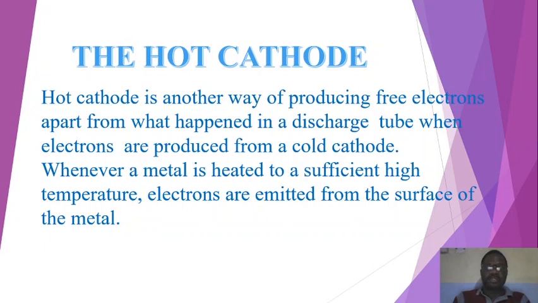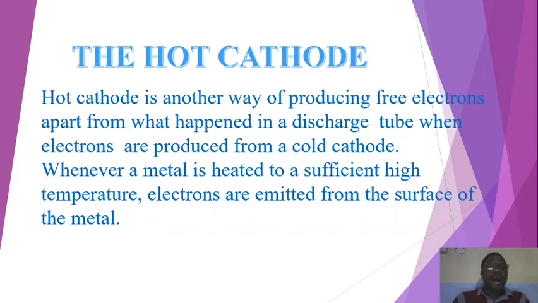The movement of the cathode ray from the cathode end to the anode end is as a result of the ray being a negative charge particle. So therefore it is attracted by the positive charged anode. So we now say hot cathode is another way of producing free electrons.